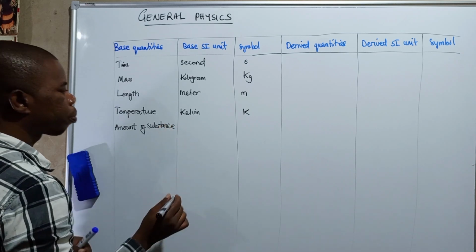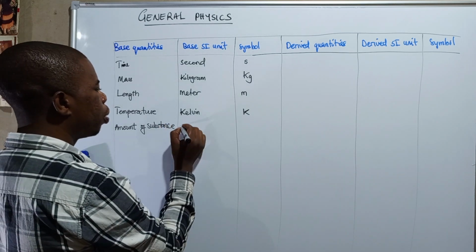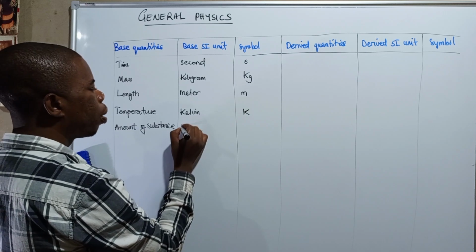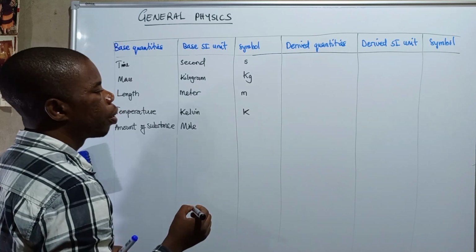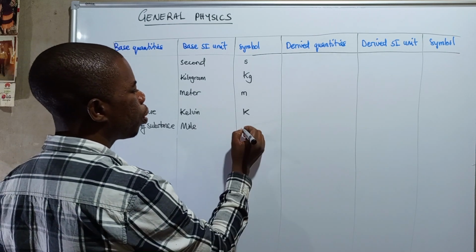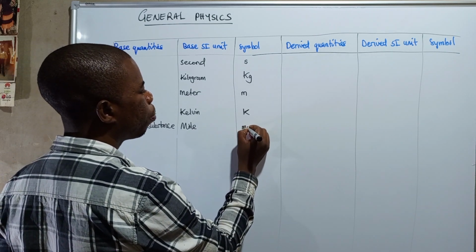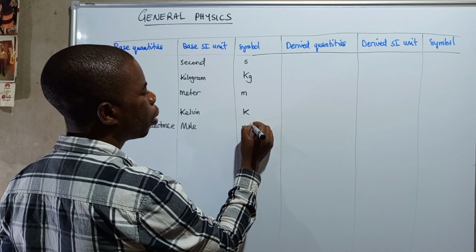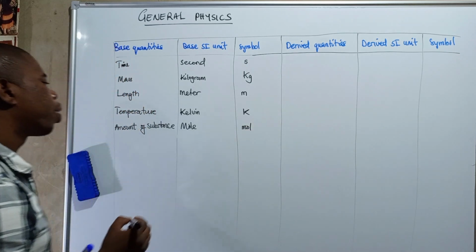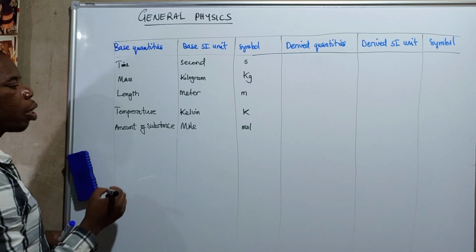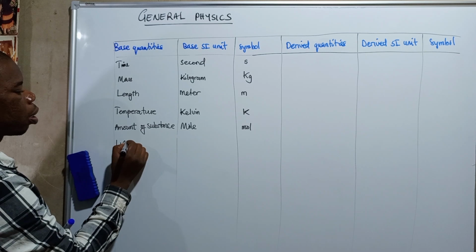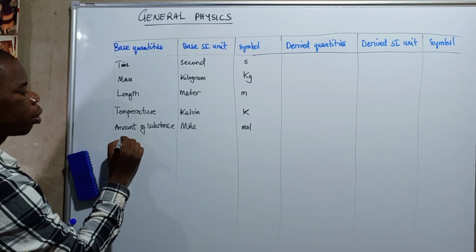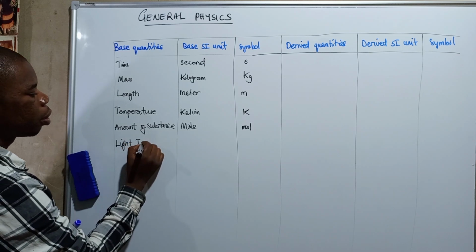Substance. The unit is mole. The unit itself is written with a small letter m, o, and l. That is a mole. Then the other one is light intensity.